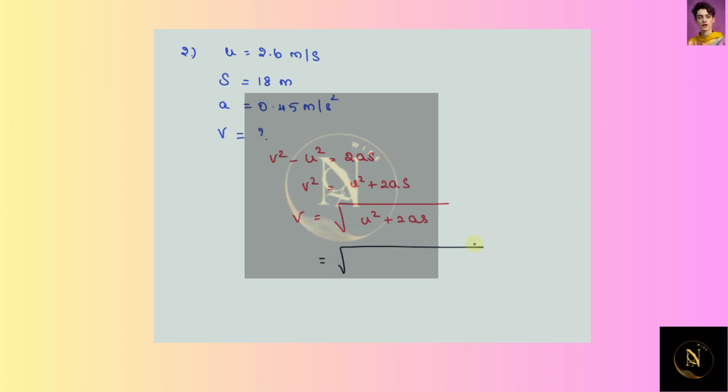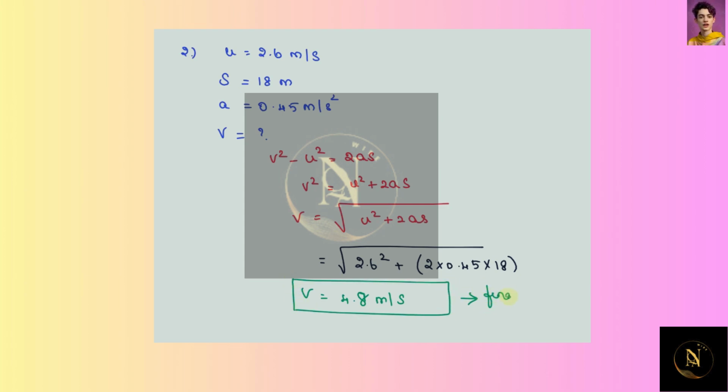It is square root of u is 2.6 square plus 2 into 0.45 into s is 18, and if we simplify, we get the velocity value as 4.79, which is approximately equal to 4.8 meter per second. This is his final speed.